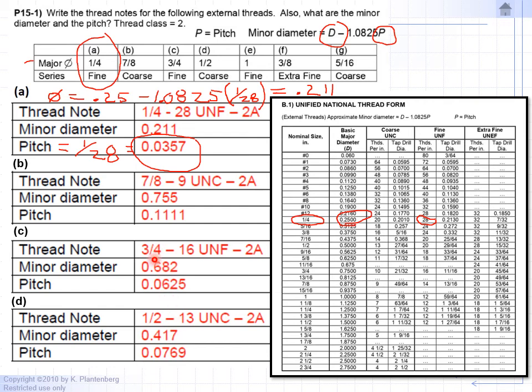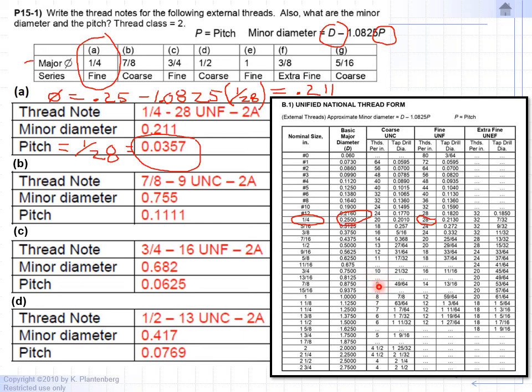All right, so for problem B, we have 7/8 major diameter. So we look down the chart, look for 7/8, and we're going to be using coarse thread. So we're going to go to the third column for coarse thread. 7/8 has 9 threads per inch.